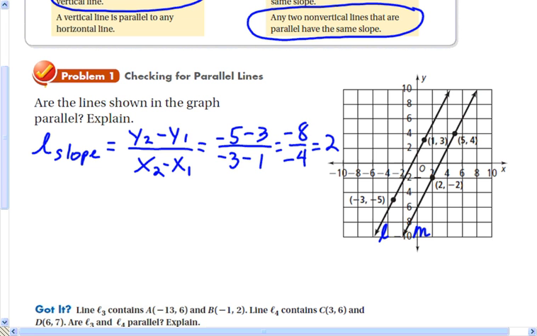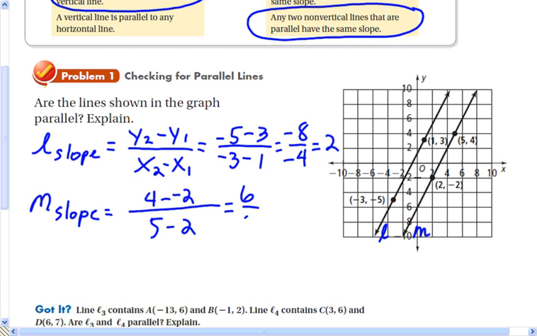Now we're going to find the slope of M, and that's equal to 4 minus -2 divided by 5 minus 2. And that's equal to 6 over 3, which is 2. Since we got the same slope, so L slope is equal to M slope, we know those two lines are parallel.